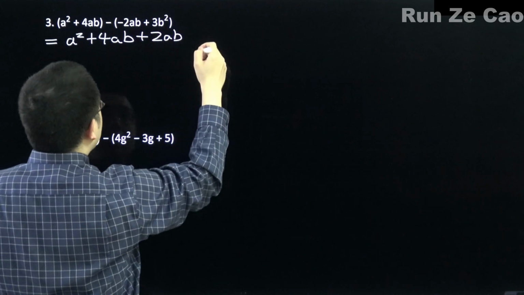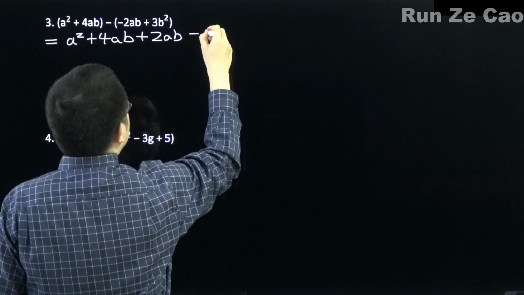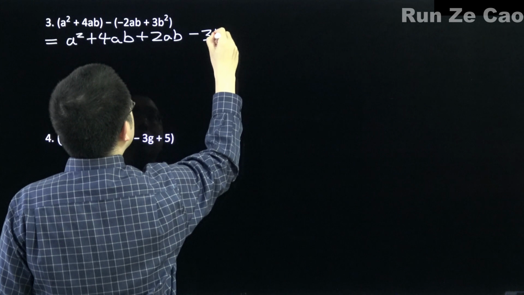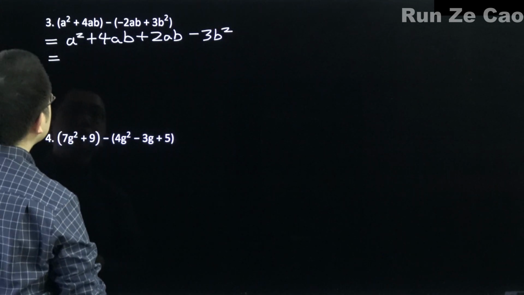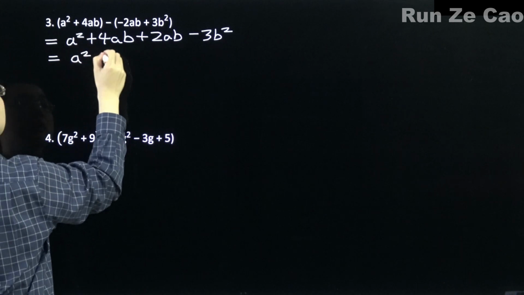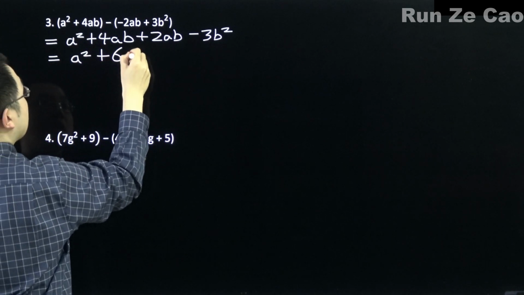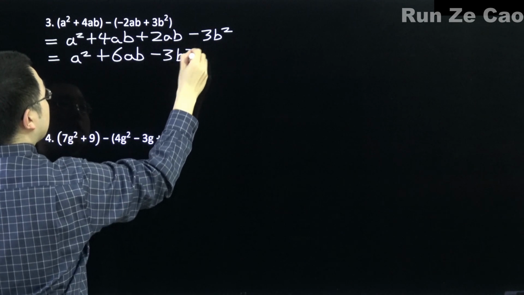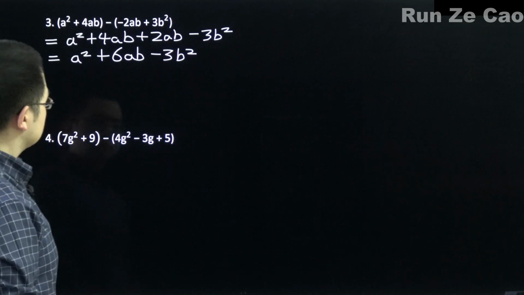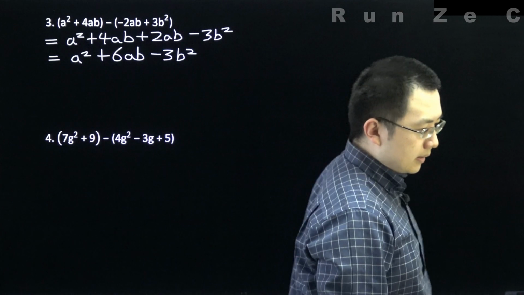And then minusing a positive is just minus 3b squared. So this leaves us with a squared plus 6ab minus 3b squared.